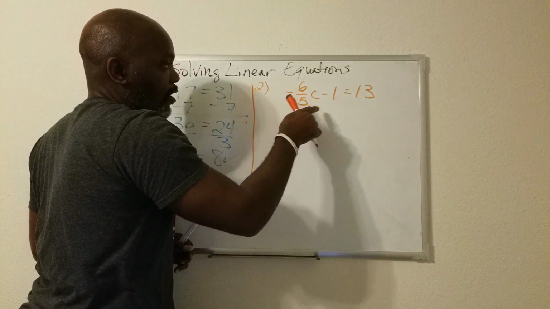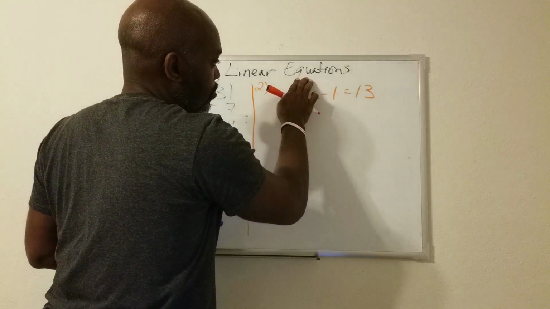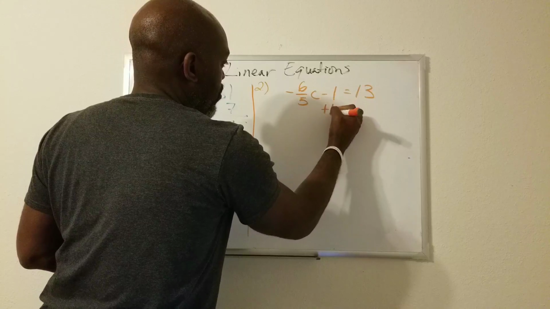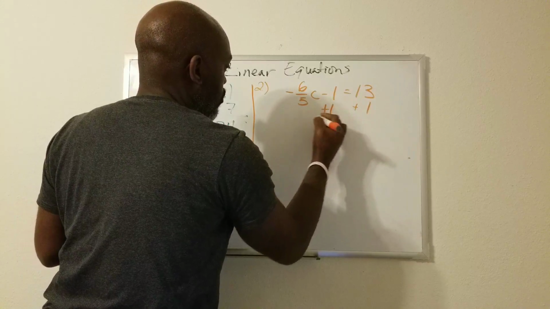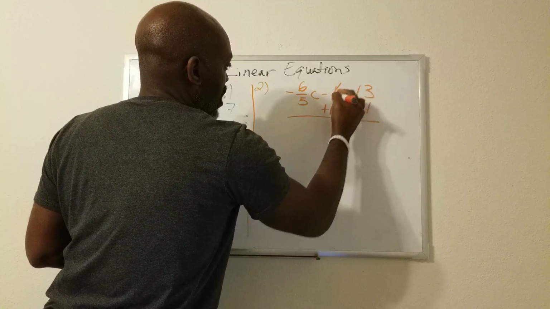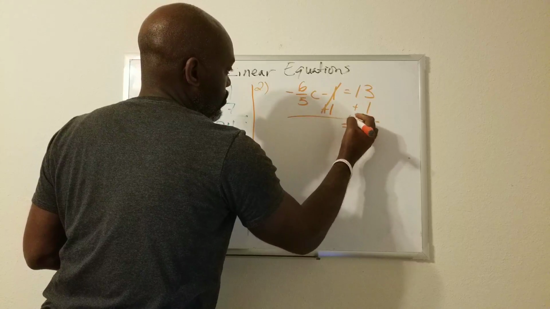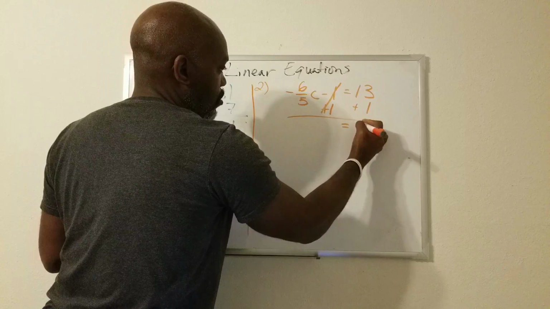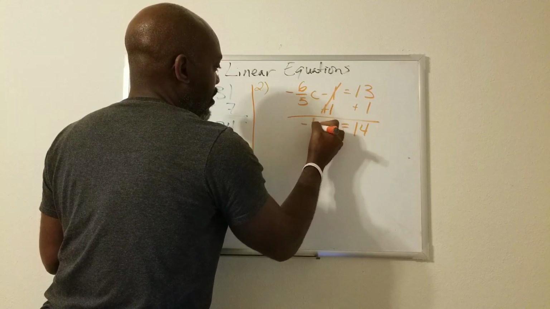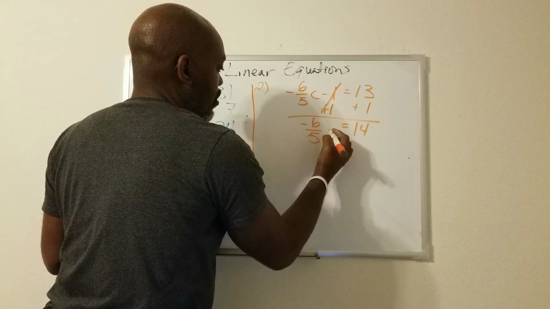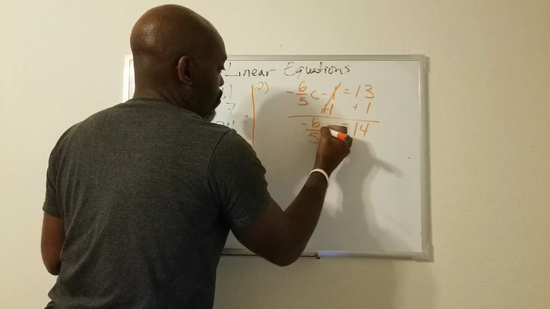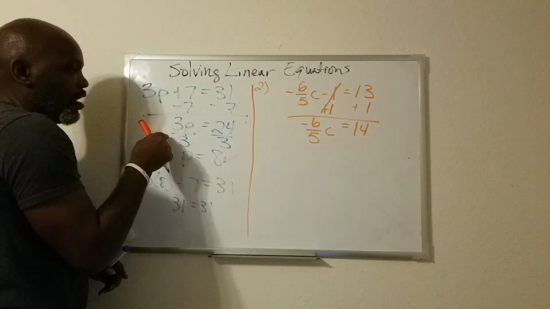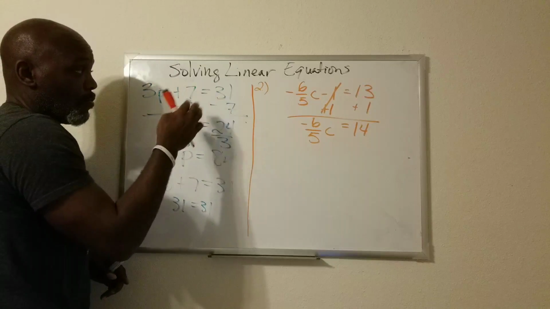All right. So once again, I'm looking at blank minus 1 equals 13. I'm going to have to add 1. That's addition property of equality. That cancels out to be 0. And I have 13 plus 1, which is 14. I bring down negative 6 over 5c. And this problem now looks like how I started one of the previous problems, right?